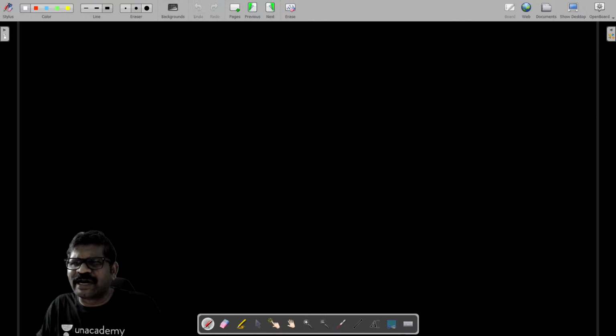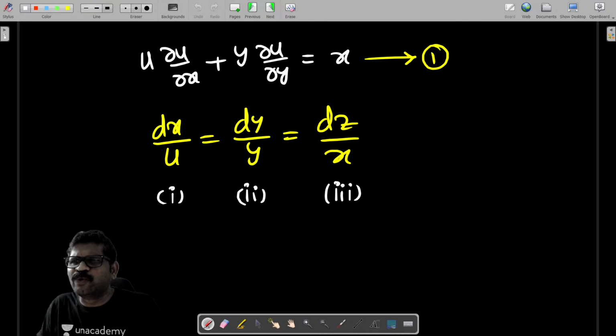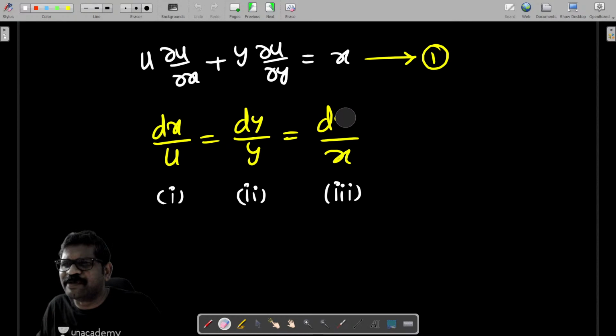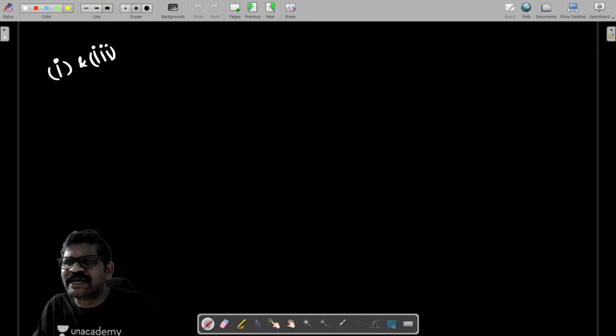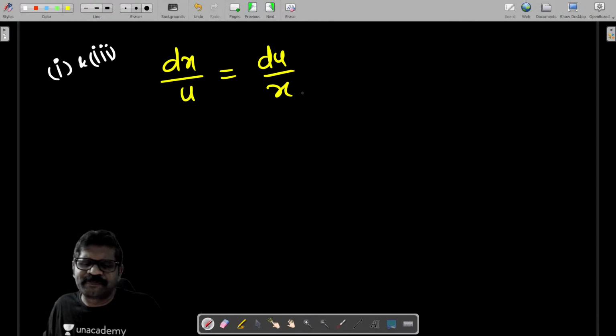If you take 1 and 3, dx by u equal to, this is not dz, this is du, because our dependent variable is not z, our dependent variable is u, that's why du by dx. Now from 1 and 3 we get dx by u equal to du by x.